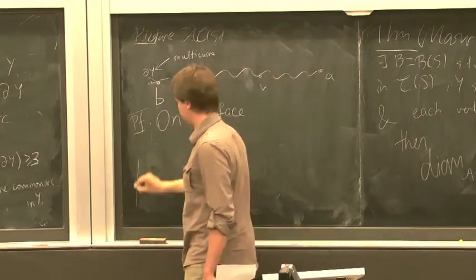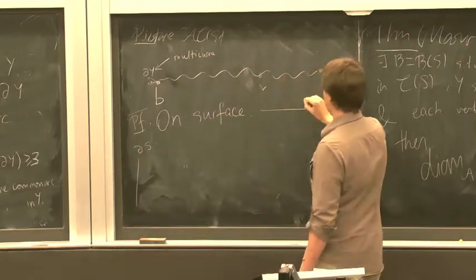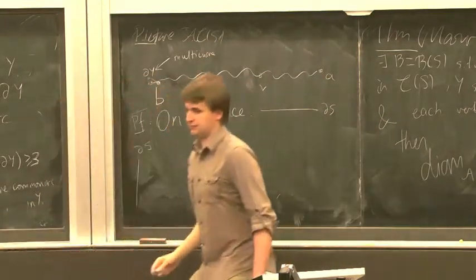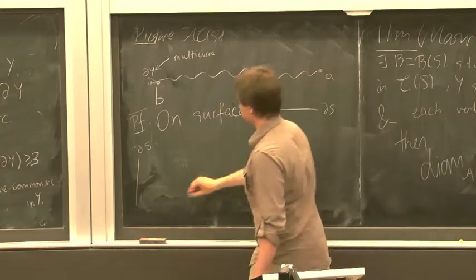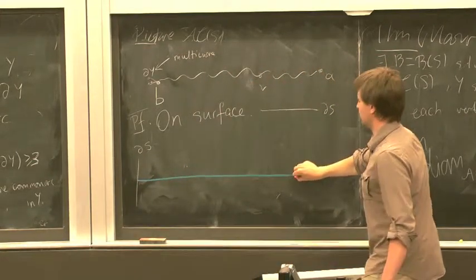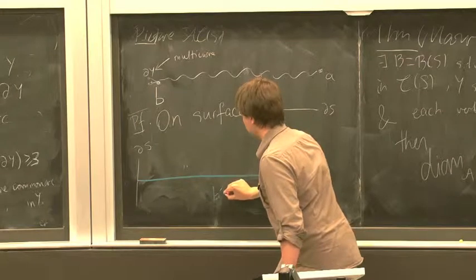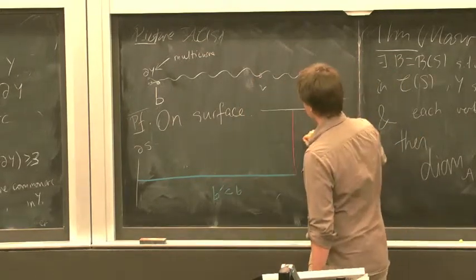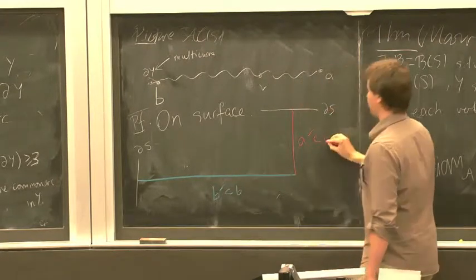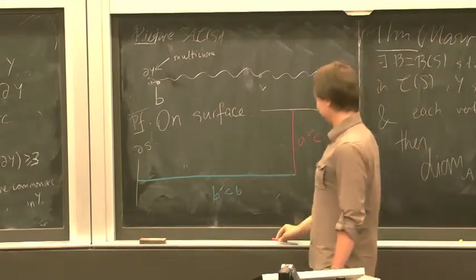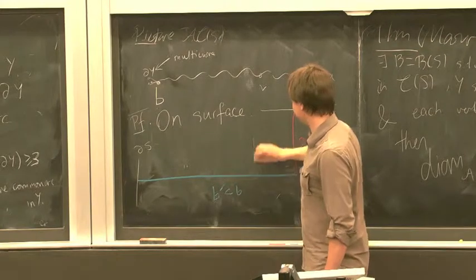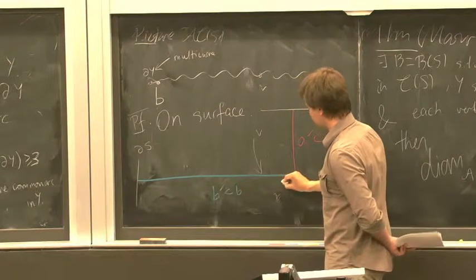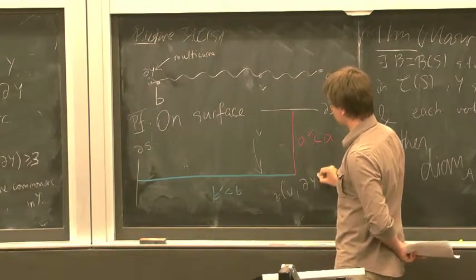Let me draw a picture of V. So V is a combination of the arc B, a subarc of B, and a subarc of A. Now, the intersection number of V with the boundary of the subsurface has to be at least 3.